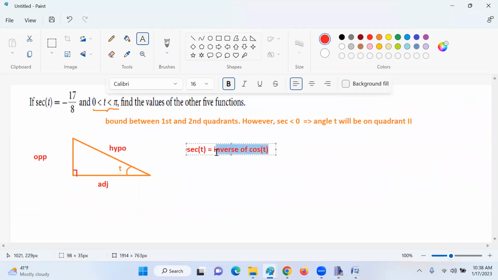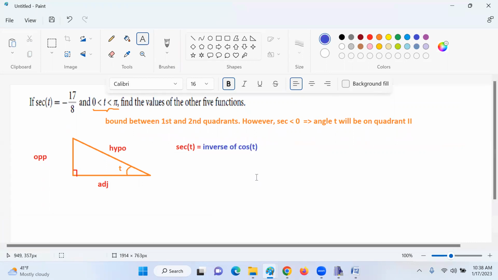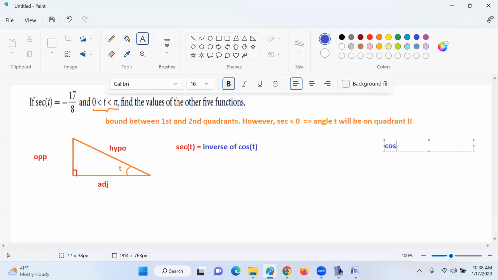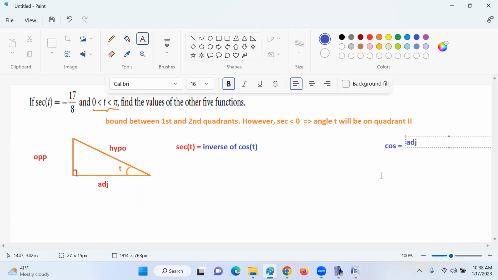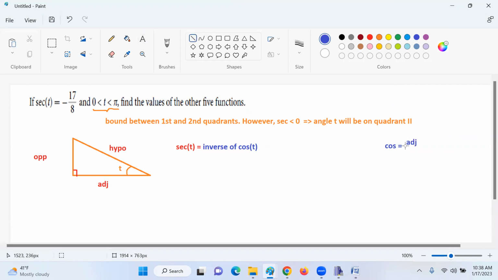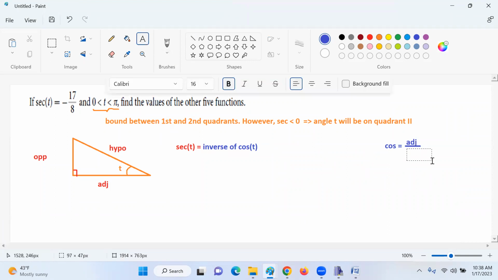So what is the cosine? The cosine is going to be adjacent over hypotenuse, correct?